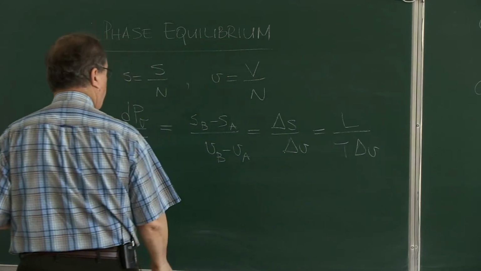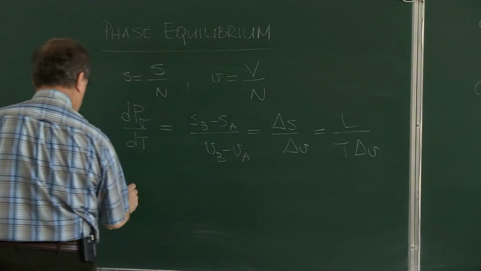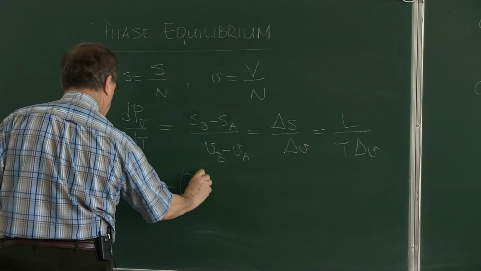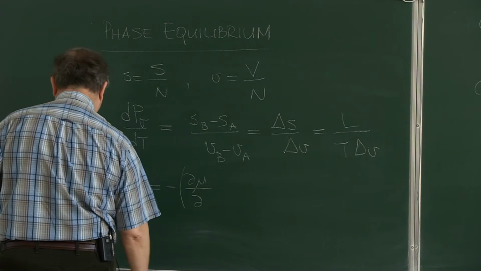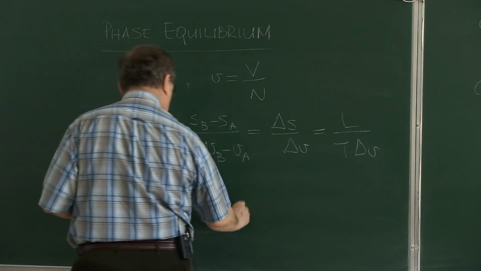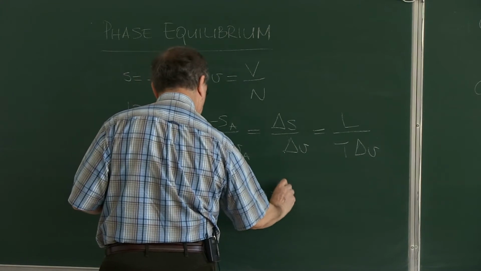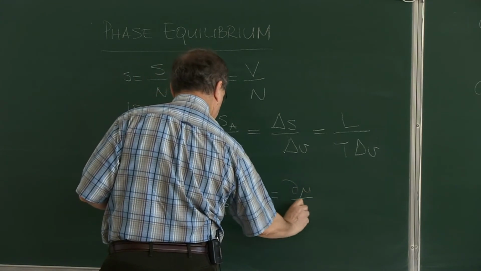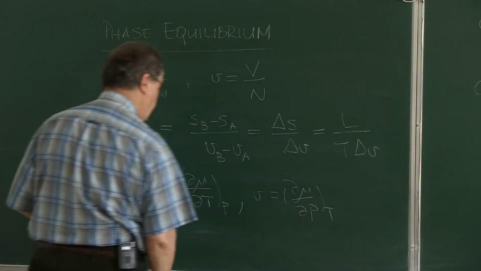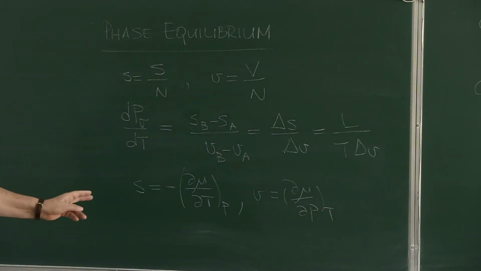Now, of course, these entropies are coming from the fact that S is minus d mu dT at constant pressure, and V is d mu dP at constant temperature. We have used this or shown this before.